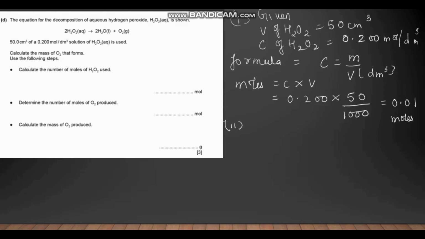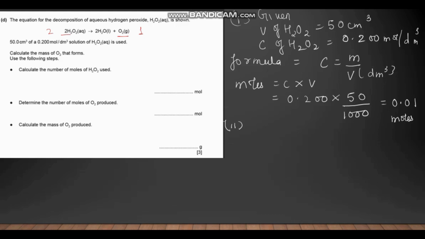The second step says determine the number of moles of oxygen produced. Again, as I have the moles of one component, to find out the moles of the other component, I'll go to the balanced chemical equation and see the ratio. From here, the equation tells us that 2 moles of hydrogen peroxide decompose to give 1 mole of oxygen. That means the ratio is 2:1. Whatever amount of hydrogen peroxide is present, half of that will be the amount of oxygen.